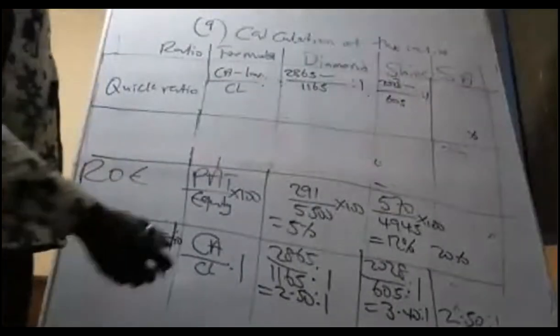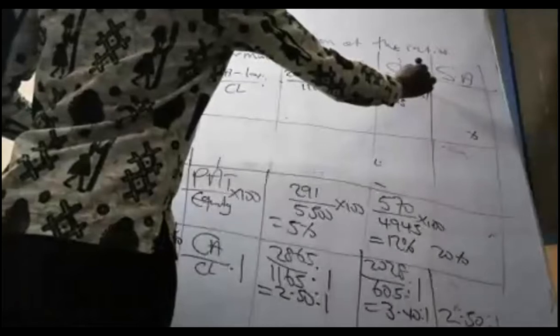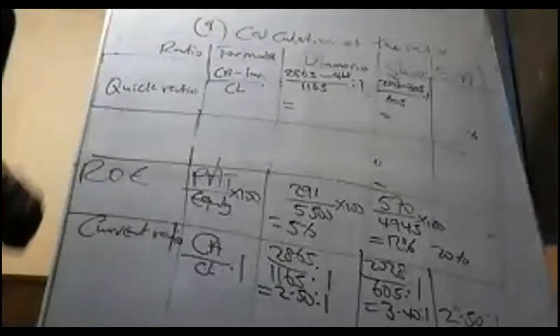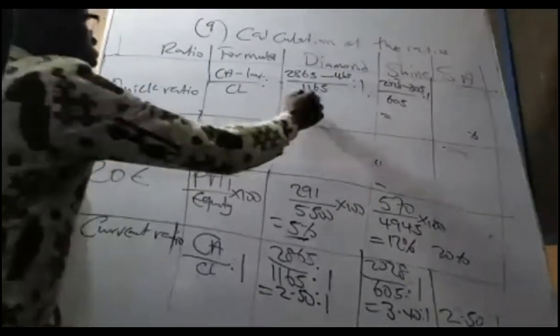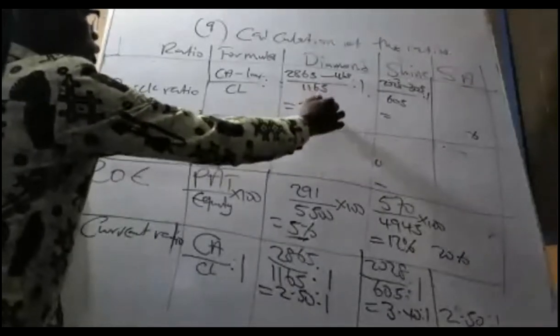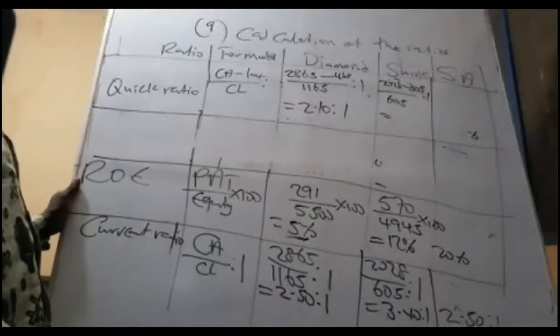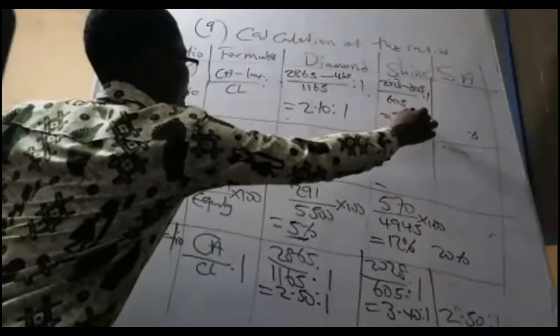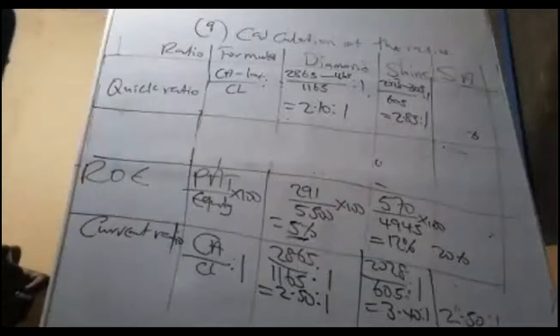Answer: 2.10 is to 1, and then 2.85 is to 1.